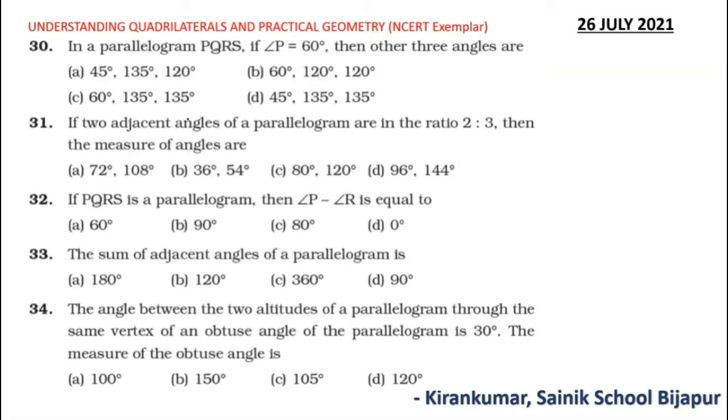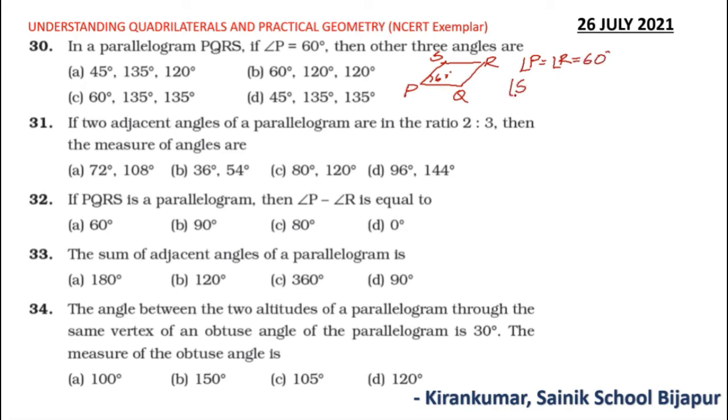Question number 30. In a parallelogram PQRS, if angle P is equal to 60 degree, then the other three angles are. We all know that opposite angles in a parallelogram are equal. So one of the angles is 60 degree. Suppose I mention the parallelogram PQRS in this way, angle P is given as 60 degree. Opposite angles are equal, so angle P and angle R are equal to 60 degree.